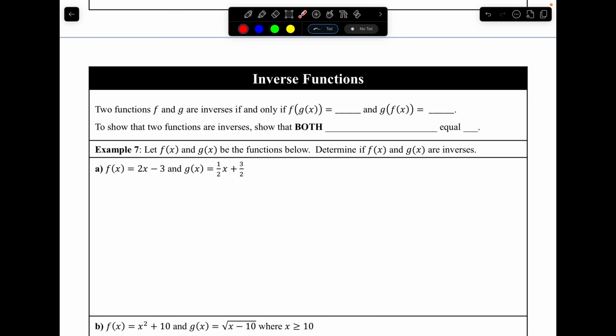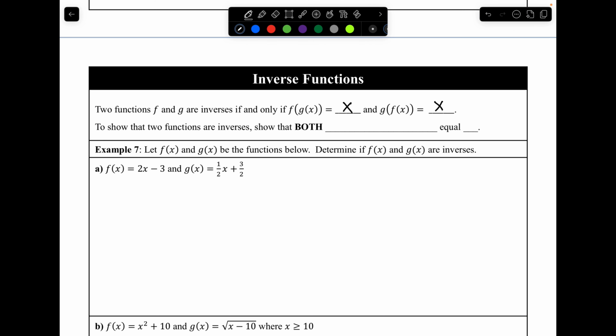Okay, so let's now move on to example 7. Let's talk about inverse functions and how to determine if two functions are inverses. Two functions can be determined to be inverses if the composition of those two functions results in only the variable x, and the opposite order also results in x.